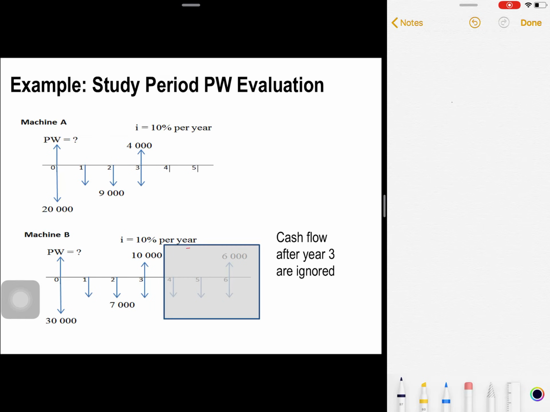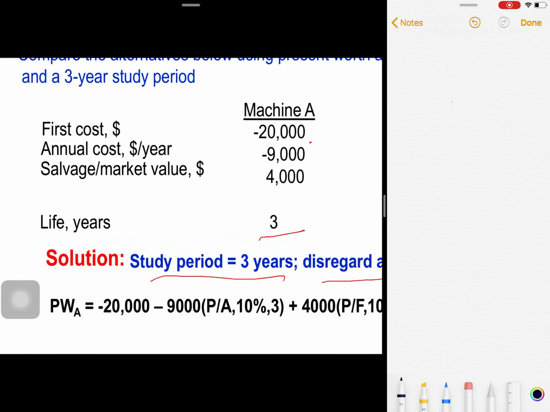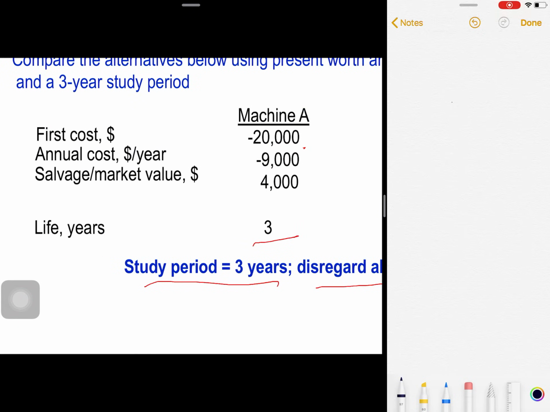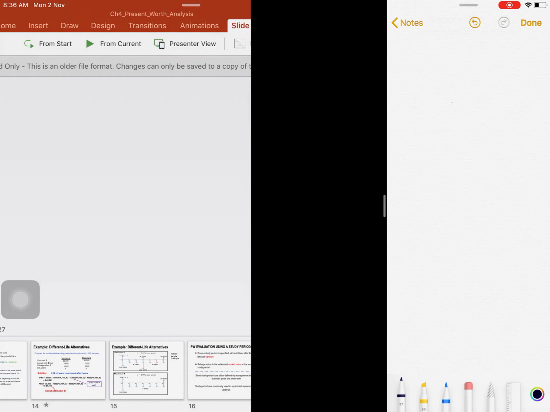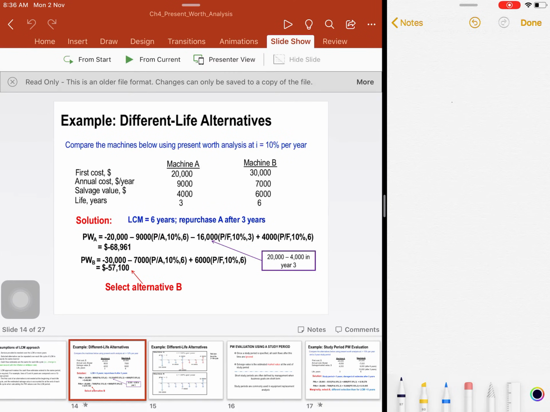Example of study period PW evaluation: the cash flows after year 3 are ignored. This is what is meant by using study period evaluation rather than the method we used previously.